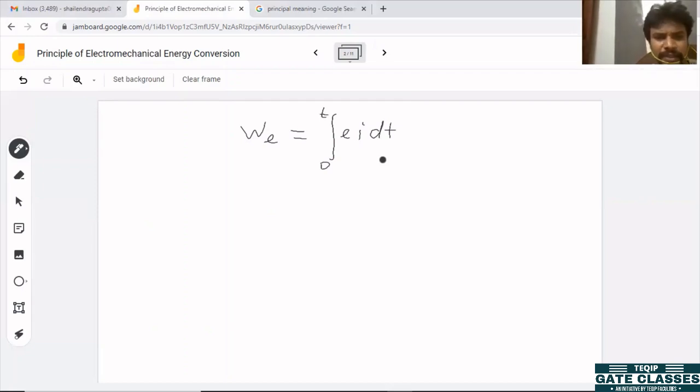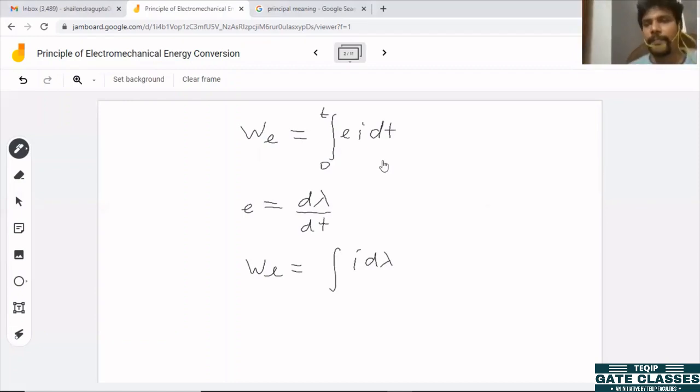So we can say here E is equal to d lambda by dt, where lambda is the flux linkage with the coil. So putting it in this equation, we can see that it is I d lambda. There is a relation between I and lambda that could be given by this curve, I and lambda.